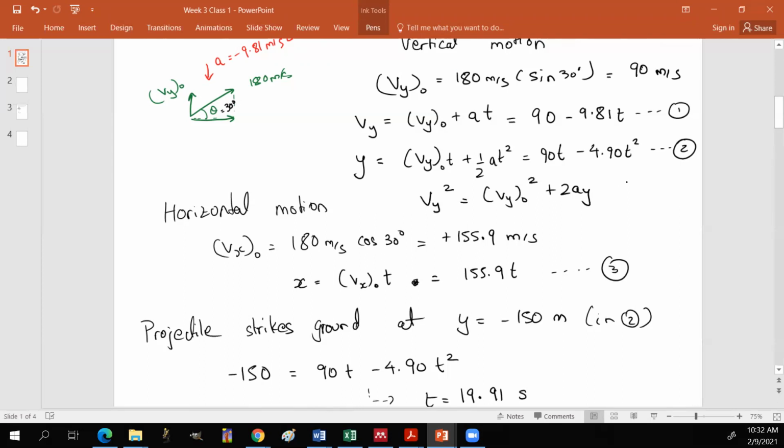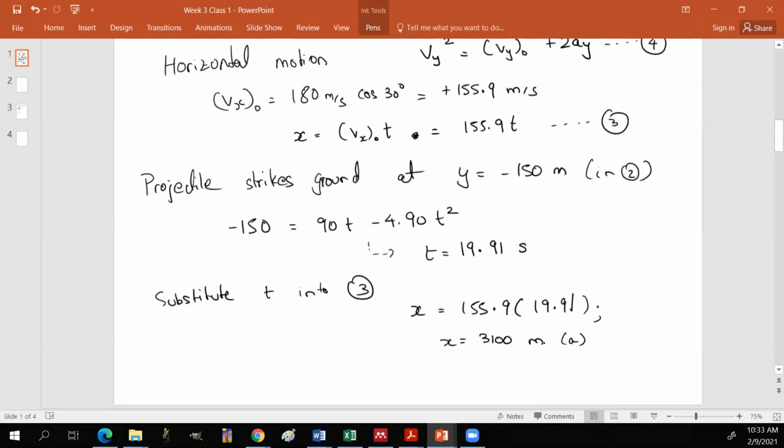Let's call this expression number 4, because with this one we don't need to go find out what the time is going to be and then plug that in. Here you can directly find the position when Vy is equal to 0. So that's just a shortcut for you guys.